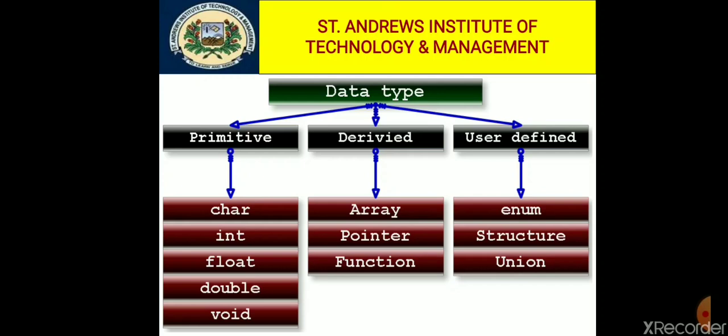Means if we want to take the price, then we will take float data type. If we want to record the name of the author, we can use character data type. If we want to store the value like number of pages, etc., then we will take integer data type. So it is a collection of multiple data types, homogeneous or heterogeneous, in a single entity.